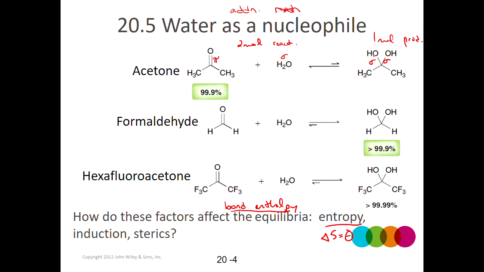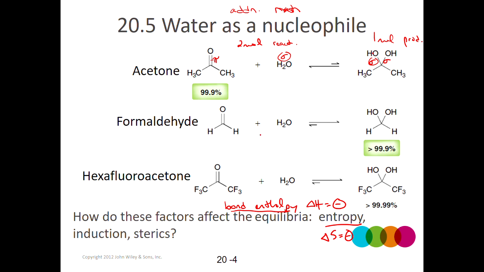One is between the OH and one is between the CO. Breaking a sigma bond and forming a sigma bond is roughly about the same, but pi bonds aren't as stable. So we only have to put a little energy in to break this pi bond, and then we get to form a new sigma bond that's lower in energy, or more stable. The value for delta H is going to be negative. It's going to release energy. And so from that factor, that would suggest it to be product favored.